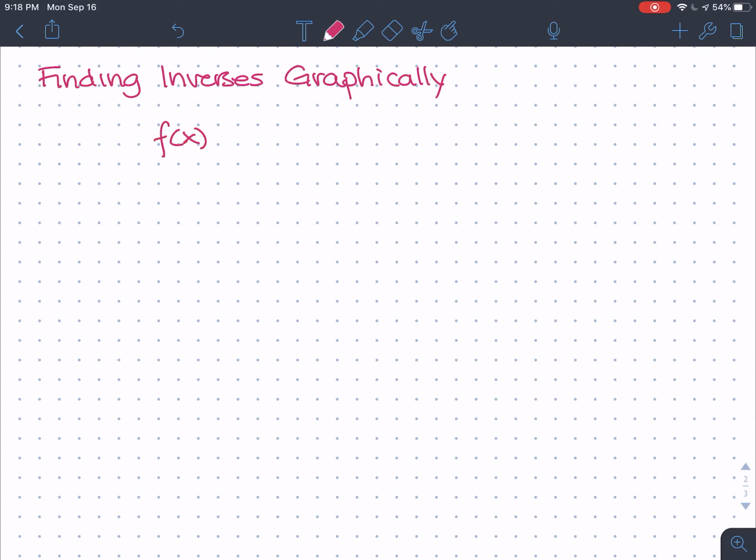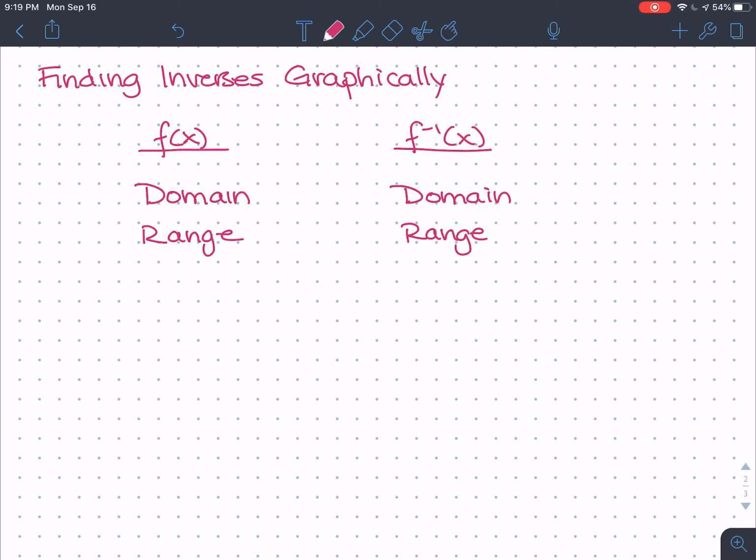We have f of x. We have the inverse of f of x. They both have their own domain and range. But the input of one becomes the output of the other.